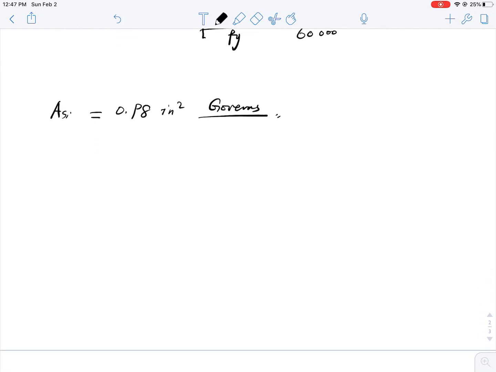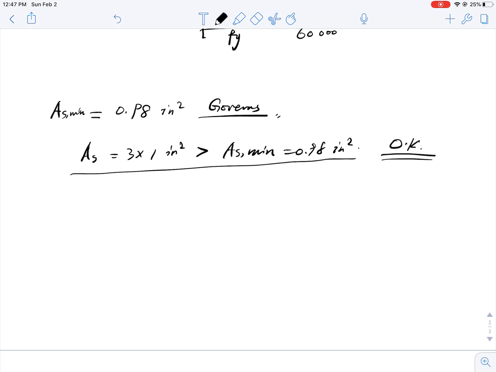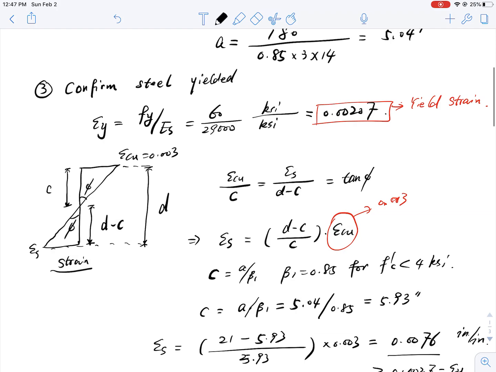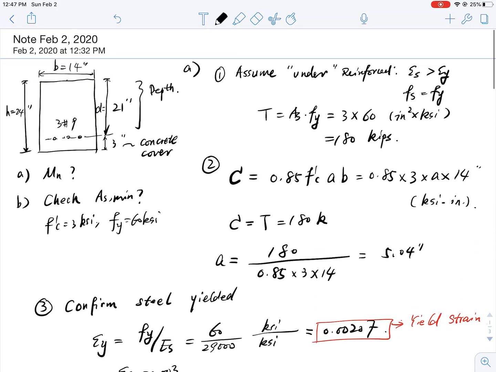Provided As actually equals 3 multiplied by 1 inch squared, which is much larger than the required 0.98 inch squared, so we're okay. Okay, so this is a typical process of how we calculate the moment resistance for a typical rectangular section.